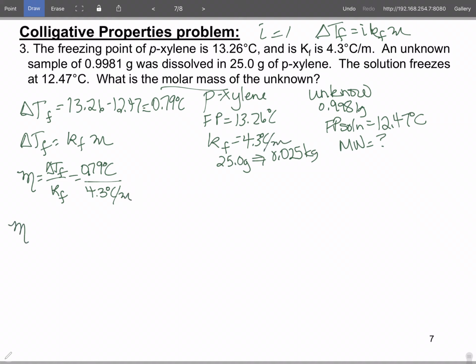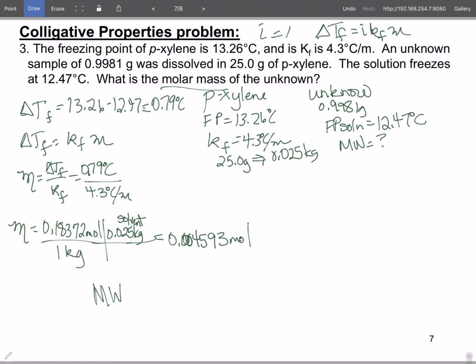And so our molality comes out equal to 0.18372 moles per 1 kilogram, because remember that's molal, and we know we have put it in 0.025 kilograms of solvent. So this gives us a moles of 0.004593 moles.